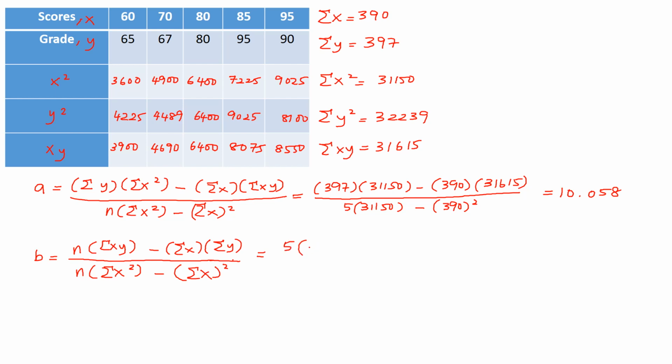The sum of xy is 31615 minus the sum of x, 390, multiplied by the sum of y, 397, divided by n, 5. The sum of x squared is 31150 minus the sum of x, 390, then squared.